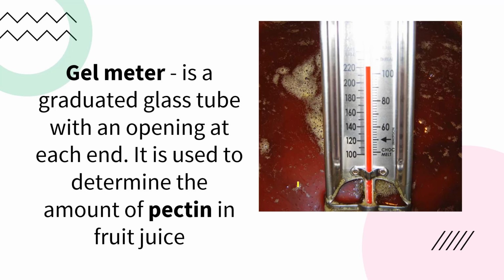Next, gel meter is a graduated glass tube with an opening at each end. It is used to determine the amount of pectin in fruit juice. When we say pectin is a substance that is found in fruit. So, yun. Again, pectin is a substance that is found in fruit.